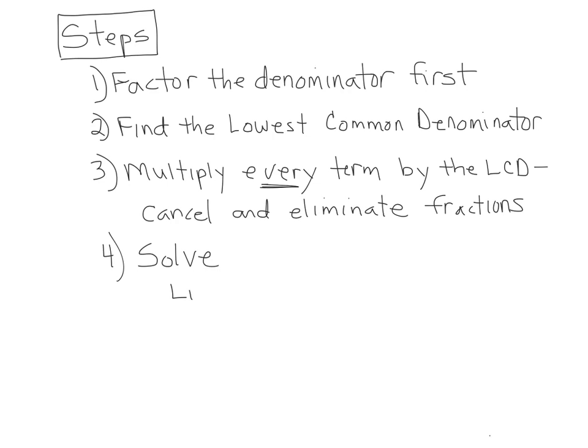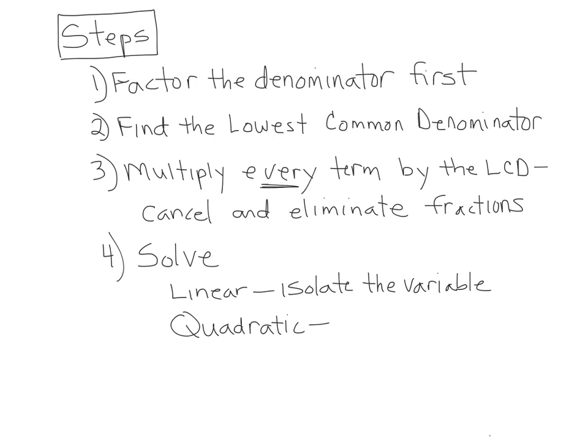And if it's linear, those are the easy ones to solve. You just isolate the variable. And if it turns out to be a quadratic when you're almost done, don't forget to solve a quadratic. You set it equal to 0 and factor.